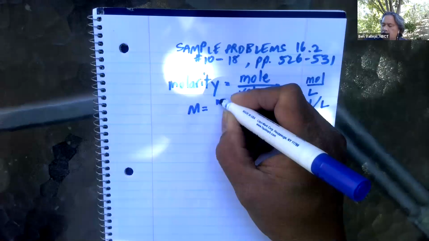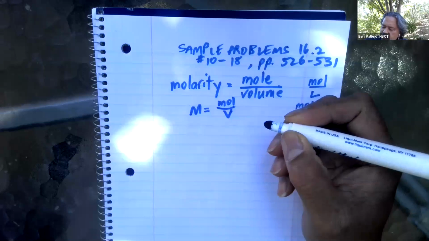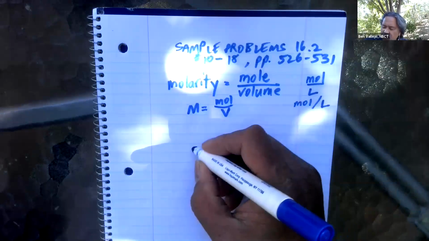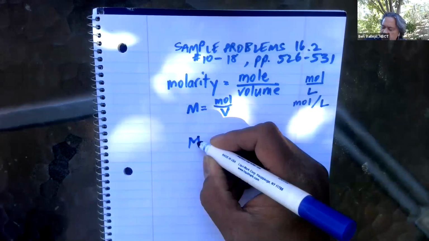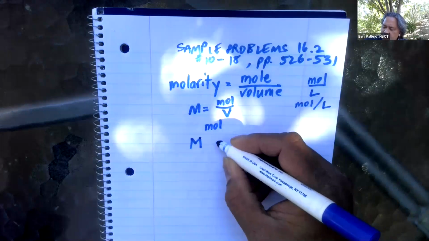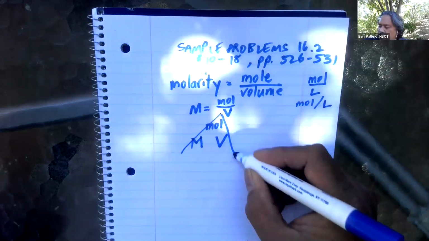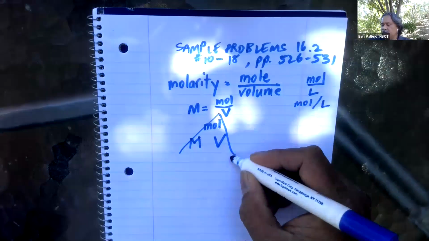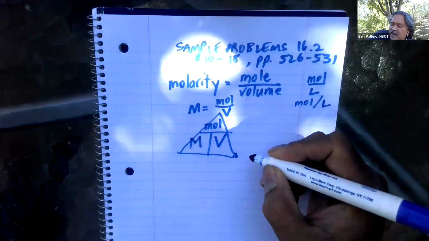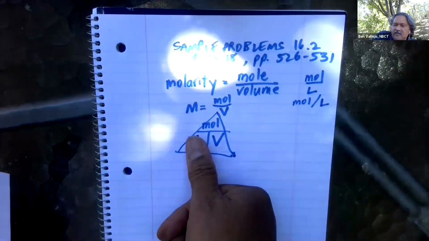In the magic triangle, if you were trying to solve for molarity, you could cover it up and say, out of these three, I'm solving for molarity. So I would take the number of moles and divide it by the volume.